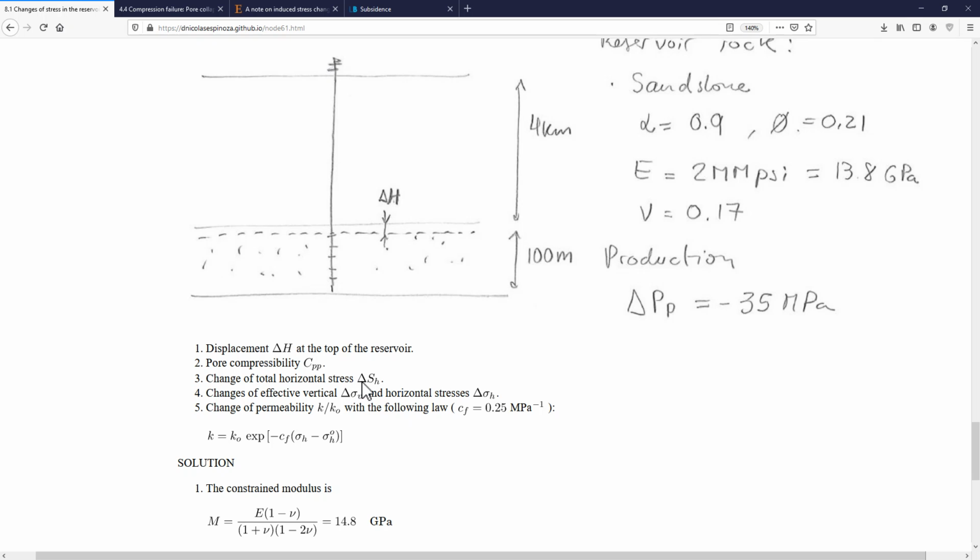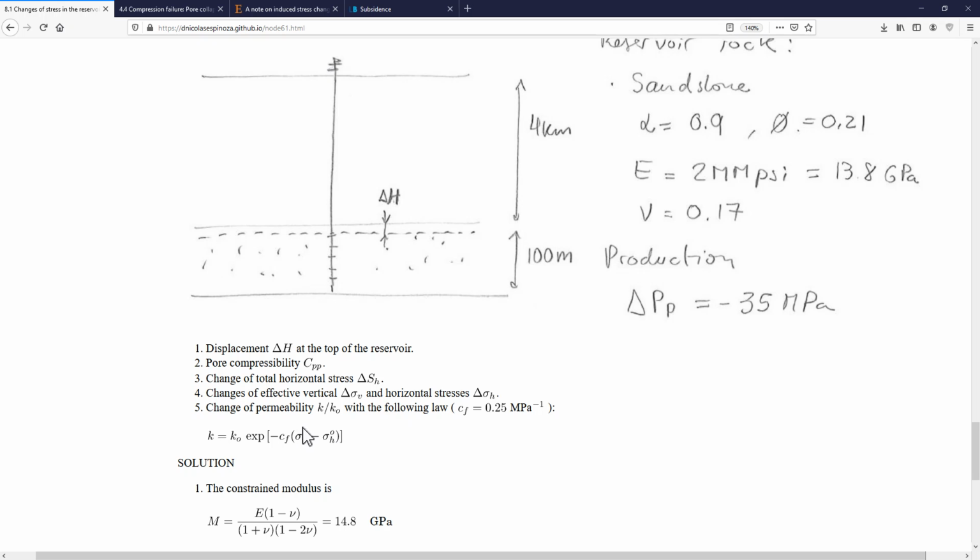Also, you can calculate the total horizontal stress change, the changes of effective stresses, vertical and horizontal, and also, assuming a permeability law for this particular formation, a typical permeability law for a fractured formation, you can calculate the change of permeability because of the increase in effective horizontal stress.